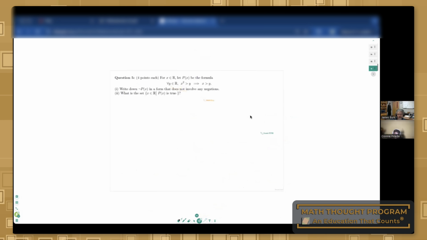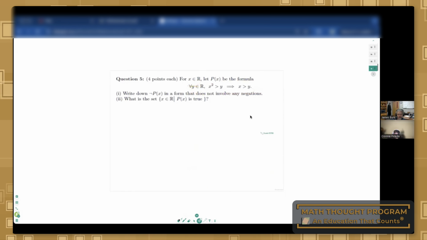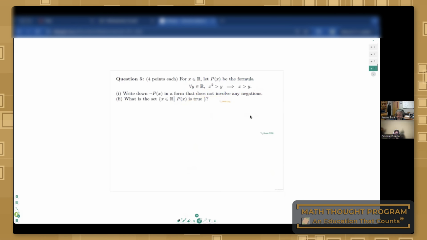The first two. So we did the negation. We hammered it out. We got a good idea now how to approach these kinds of problems and how to reinterpret and rewrite them so they don't involve any negations. For the next part, it says, what is the set for all x inside of R, P of x is true.